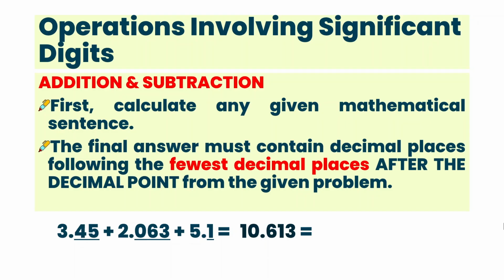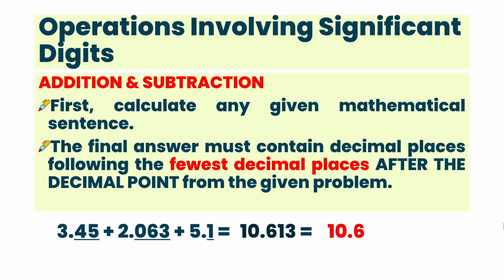The rule is fewest decimal place, and we have to look at each of the numbers given in our problem: 3.45, 2.063, and 5.1, and determine the fewest decimal place. The fewest decimal place is in 5.1. There's only one decimal place after the decimal point. In other words, the final answer must follow it, and it should only have one decimal place after the decimal point. So the value 10.613 must be 10.6.